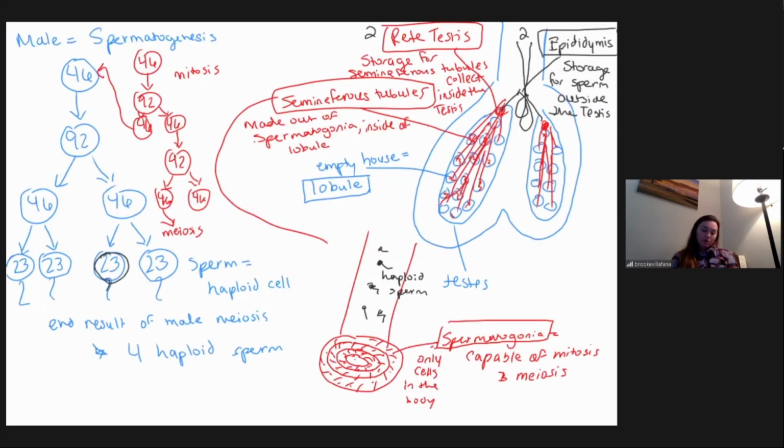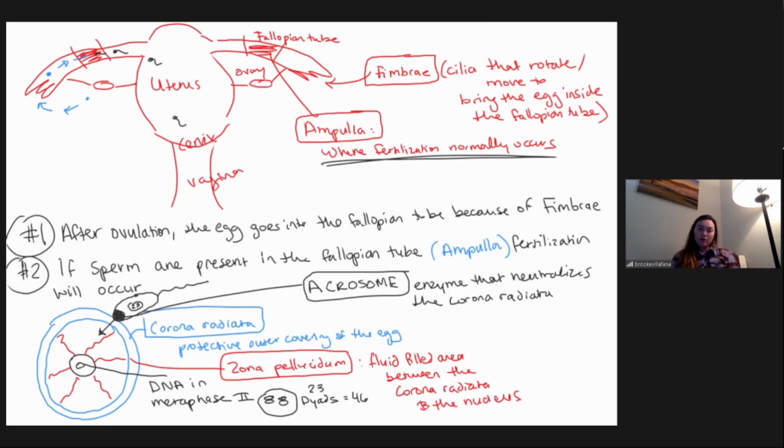A sperm was a 23 haploid, right? So when we look at this picture here, that is what's trying to get in and meet up with this egg nucleus, okay?